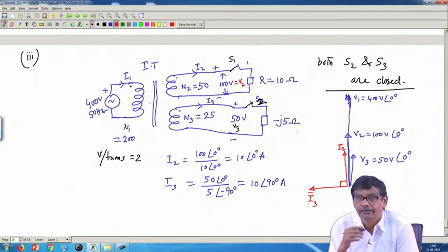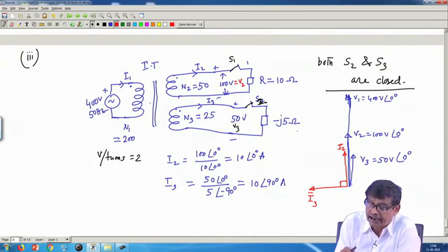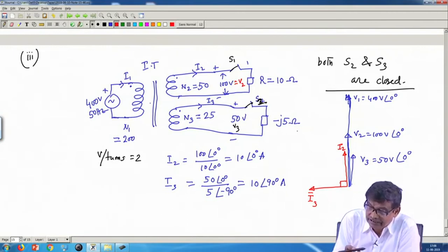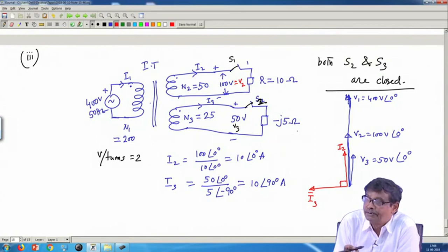Two ways we can do it. I will tell you a much simpler method, but I will go by the basic rule. Basic rule is, because these two coils carry current, extra MMF is introduced into the transformer, that is namely N 2 I 2 in this direction, N 3 I 3. Therefore, this extra current drawn from the supply should be such that it will nullify both these MMFs.